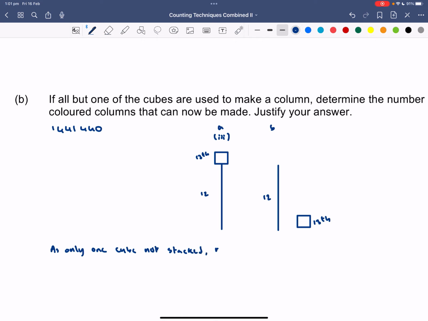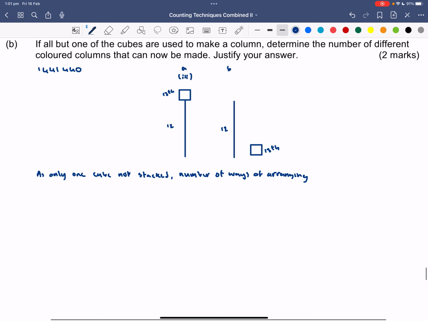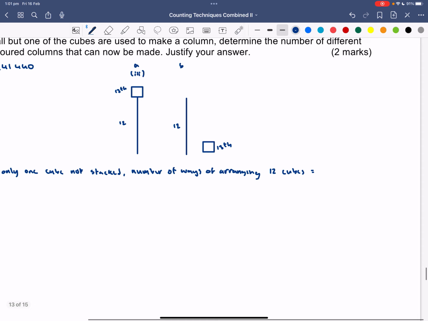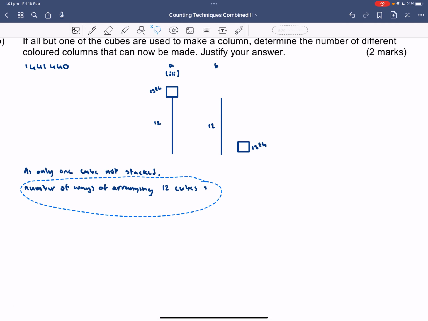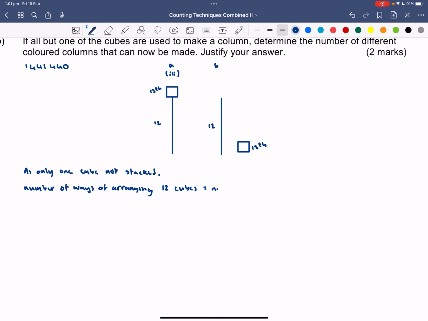the number of ways of arranging 12 cubes equals the number of ways of arranging 13 cubes. That's only because one cube is not stacked, okay?